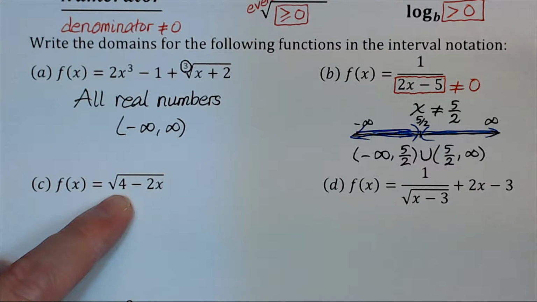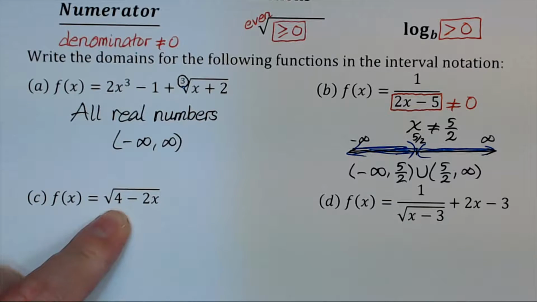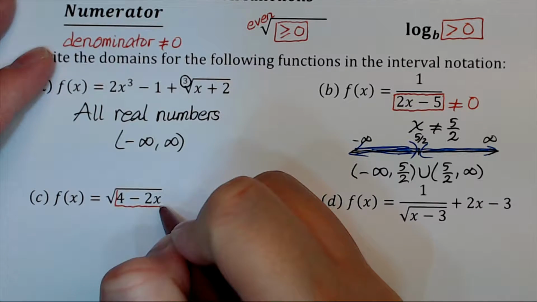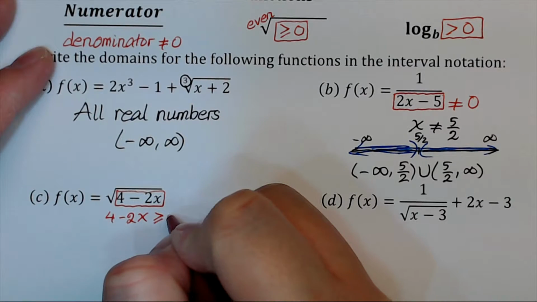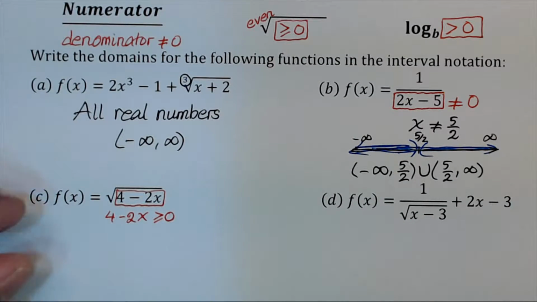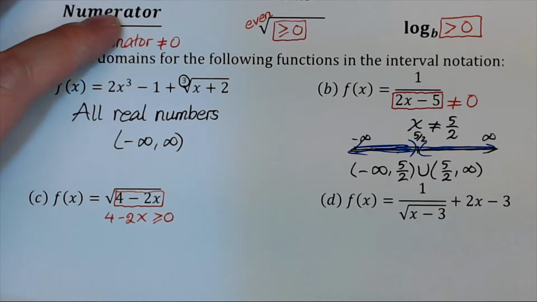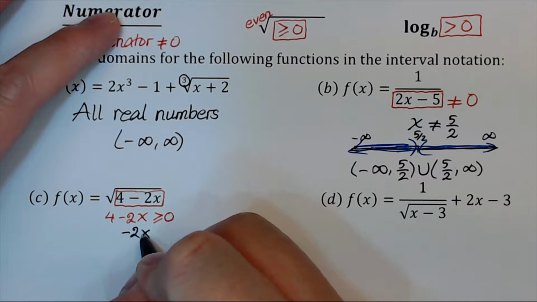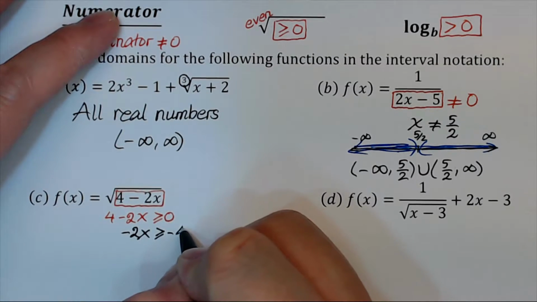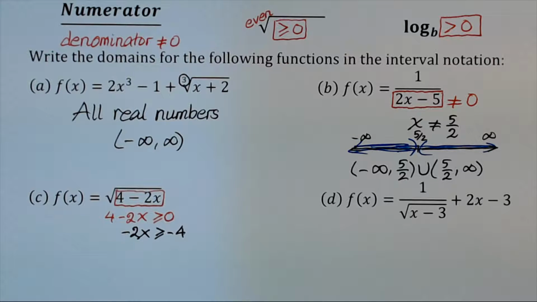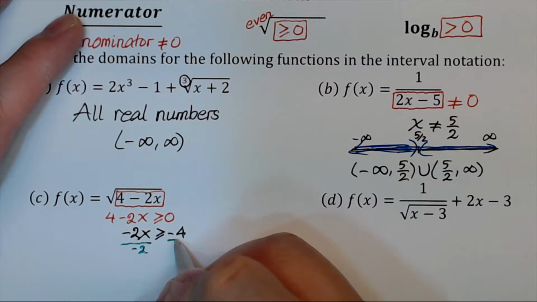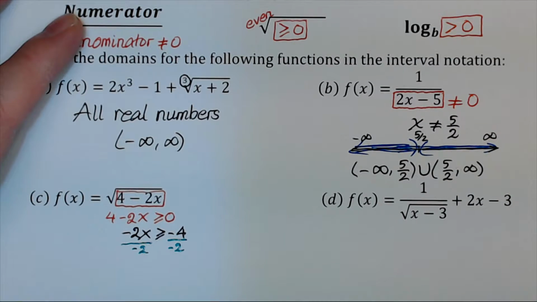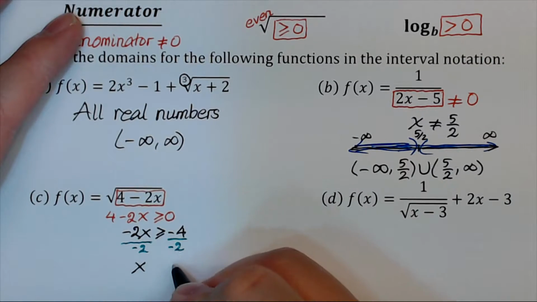Next one, this is a square root. So under an even root has to be greater than or equal to 0. We're going to have this greater than or equal to 0. Minus 4 on both sides. We have negative 2x greater than or equal to negative 4, divided by negative 2. We have x, and that is 2.